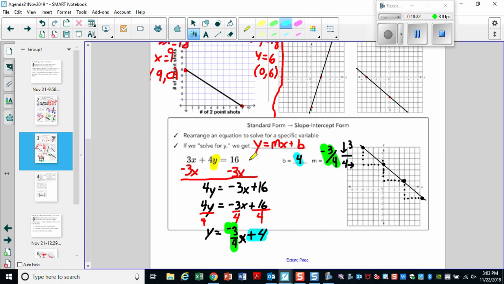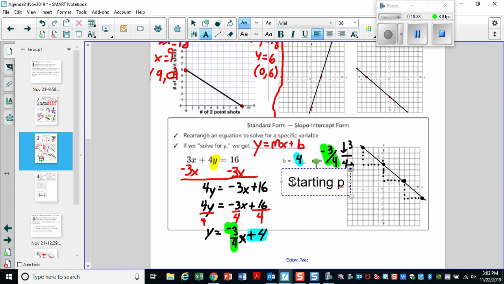And then from there, we now have our starting point. So our starting point is 0, 4. And then we're going to follow the trend.